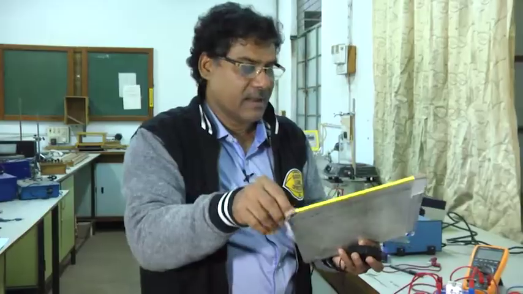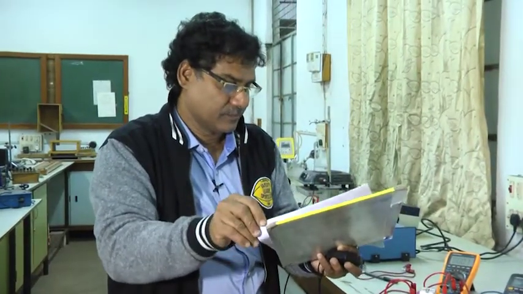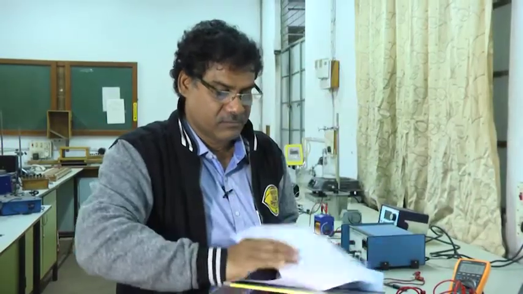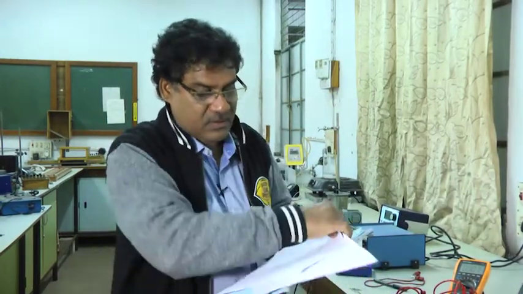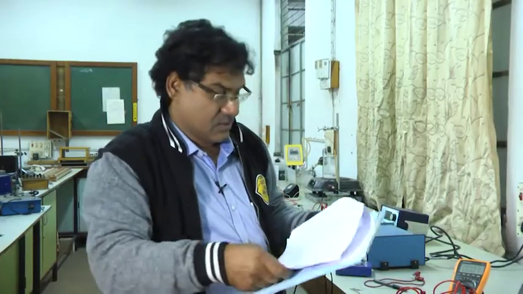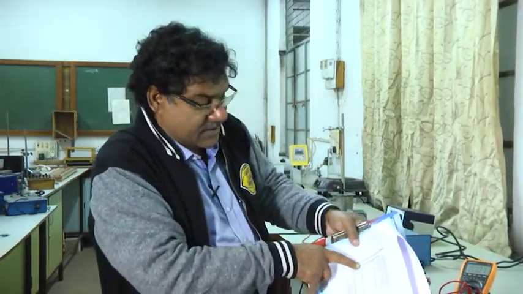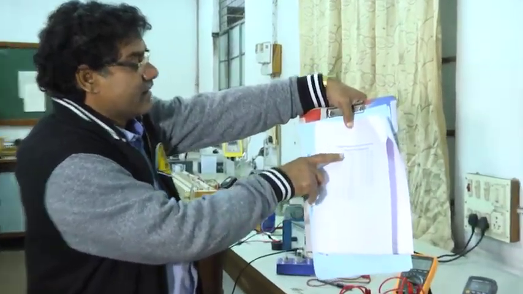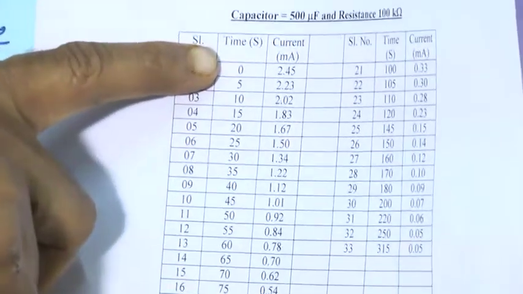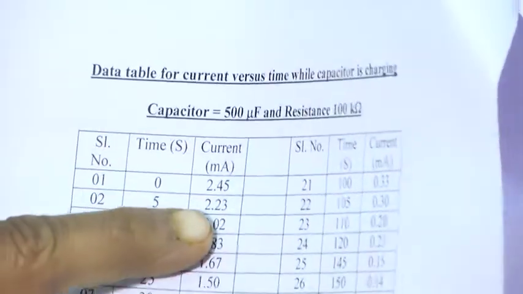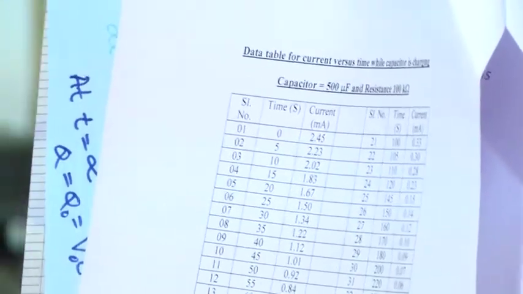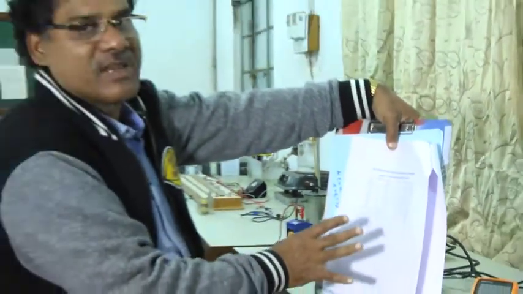So, the table has serial number, time in seconds, and current in milliampere. Again, the same way for voltage, and for charging as well as discharging. So you will have these 4 tables.